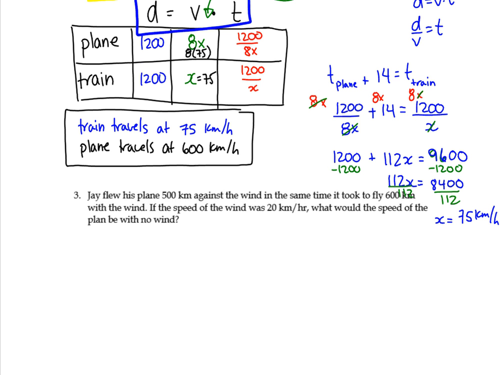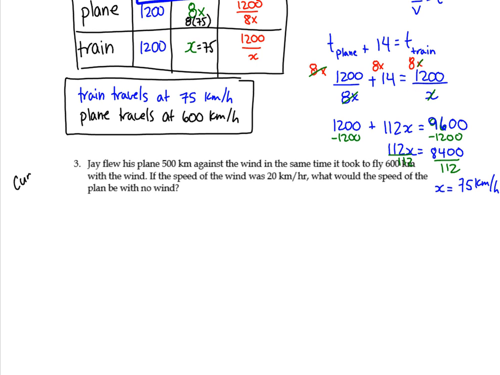So the last type of question is when you have some type of current. They're current or wind problems. It's a very similar process. How we set up the variable is just a tad different, but it's mostly the same.